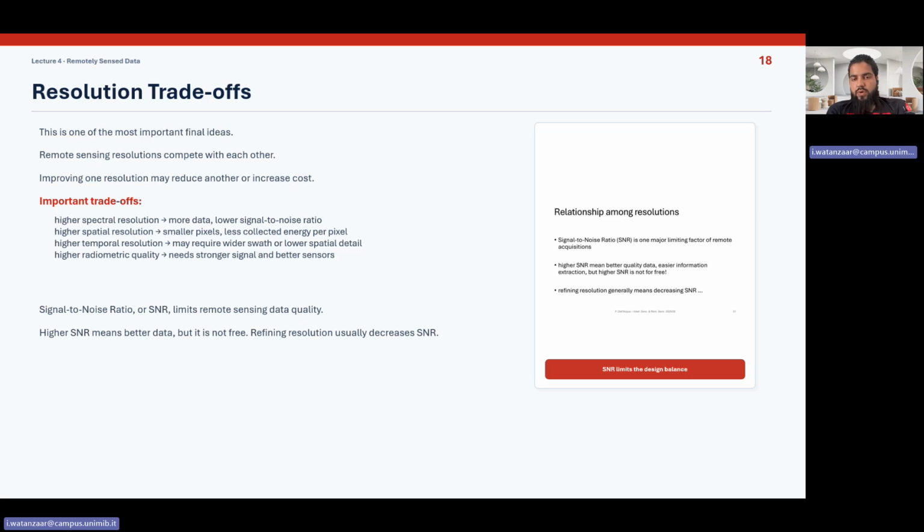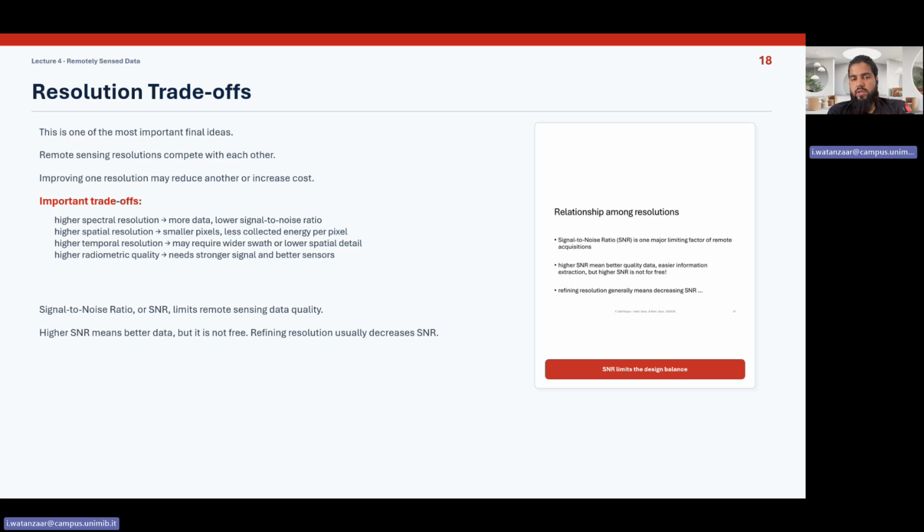Signal to noise ratio, or SNR, is limiting the remote sensing data quality. This is one of the important aspects. Higher SNR definitely means better data, but it's not free. We are paying some cost for it, as refining the resolution usually decreases the SNR.